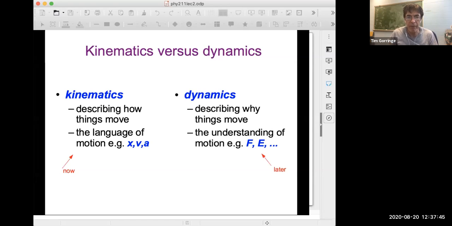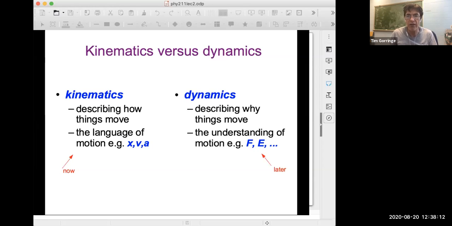And then dynamics, that's describing why things move. It's explaining why things move. It's understanding why things move. So we understand the way things move in terms of concepts like force, in terms of concepts like energy, and other concepts. And that's dynamics.